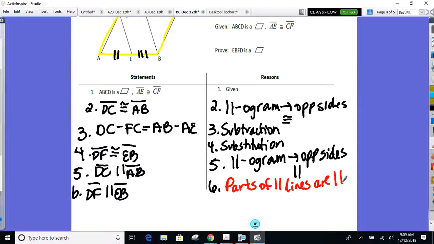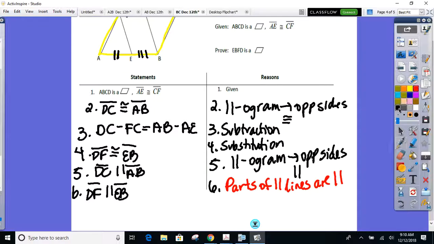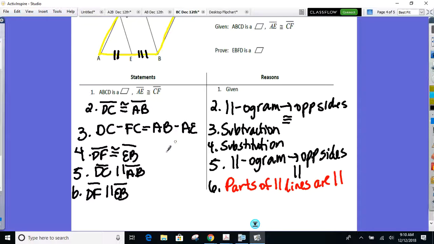Anybody else got some words of wisdom you want to give to everybody? Let's finish this proof. Because now you proved the same pair congruent and parallel. So I do have a parallelogram now. So EBFD is a parallelogram. What's the reason?